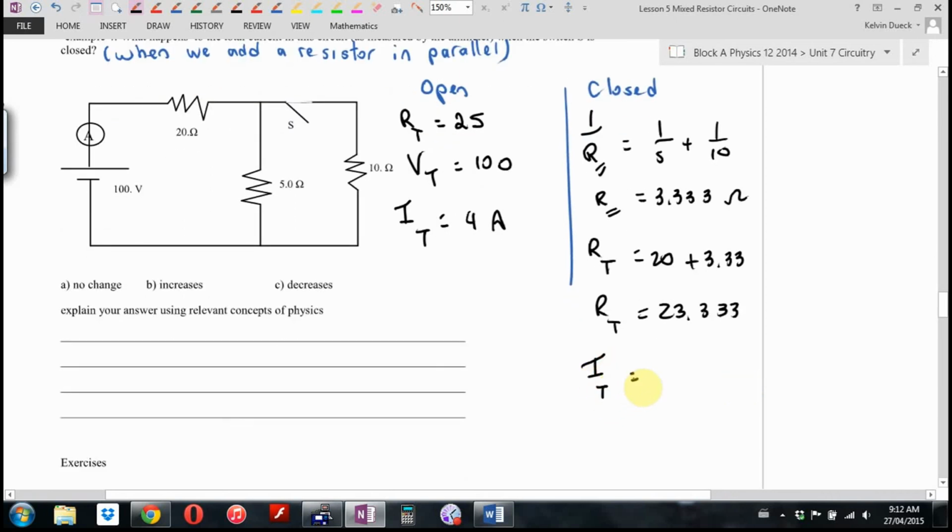What's I total? It's going to be 120 divided by 23.333. 100, got 120 on the brain. 100 divided by 23.3333. Current goes up, yeah? What do you get? 4.3?